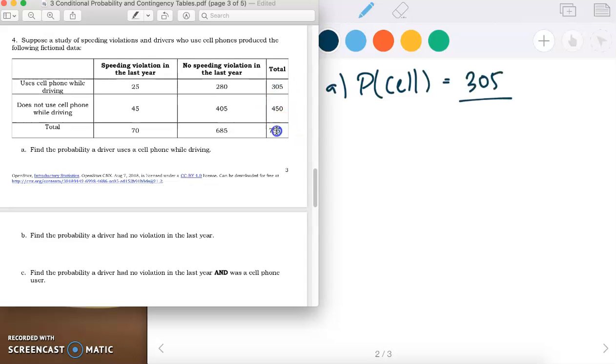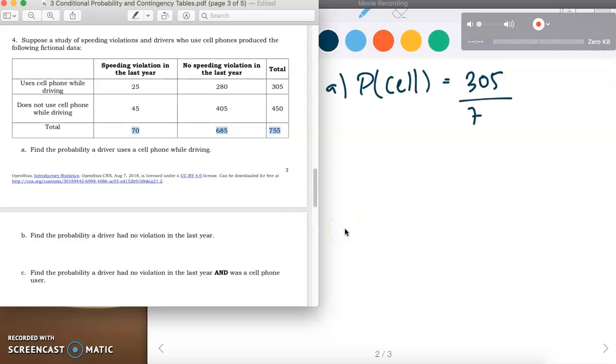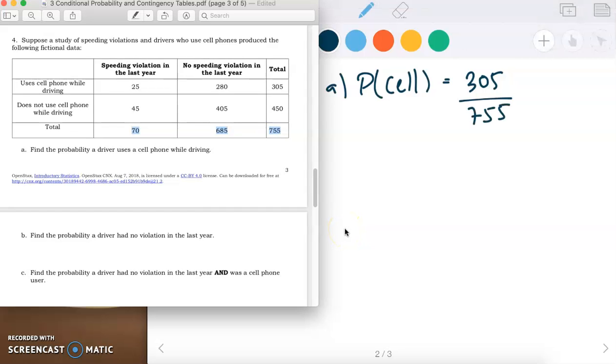And we're looking at the total number of drivers, which is 755. So when we do that on the calculator, we get, I'll round this to 3 decimal places, 0.404, the probability that anybody uses a cell phone while they're driving.